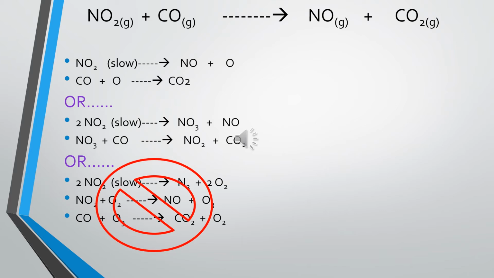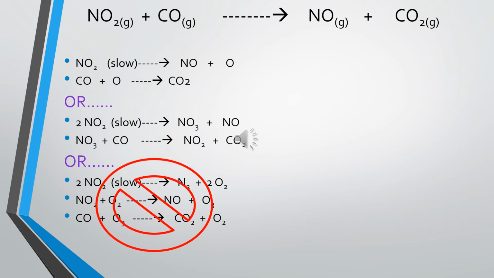You have nitrogen as a product, and you have oxygen as a product. If you add those three steps up, you have N2 and O2 as products. And since they don't appear in the overall transformation, that can't be the mechanism.